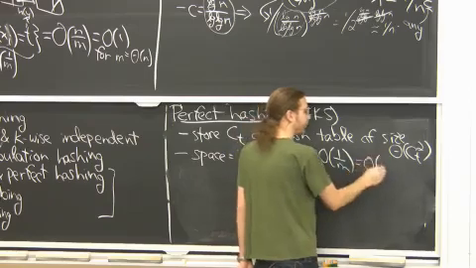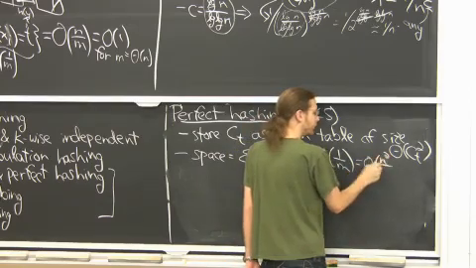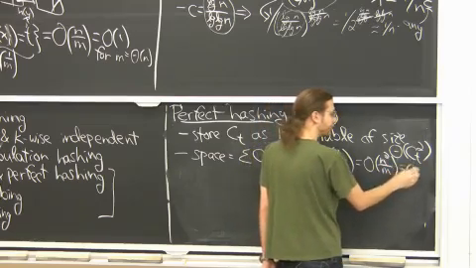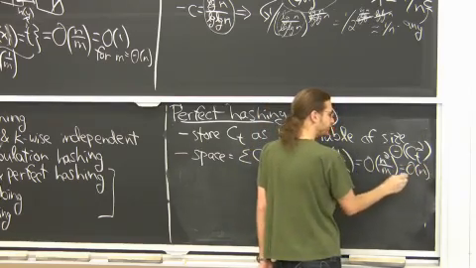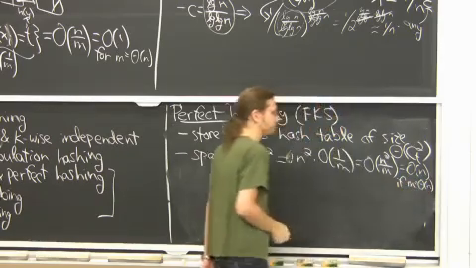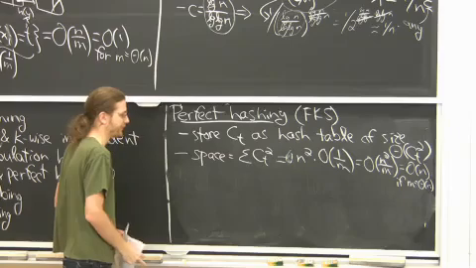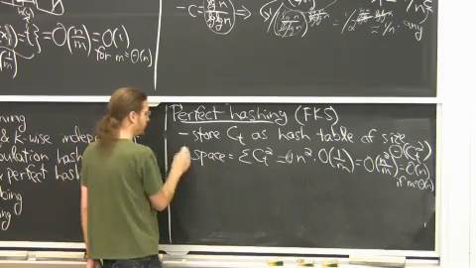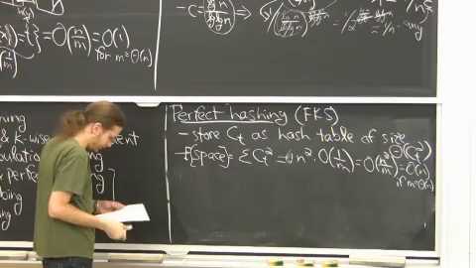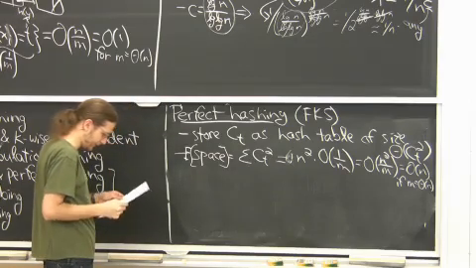So this is n squared over m, which if m is within a constant factor of n, is linear. So linear space in expectation. Sorry, the expected amount of space is linear. I won't try to do it with a high probability bound here.